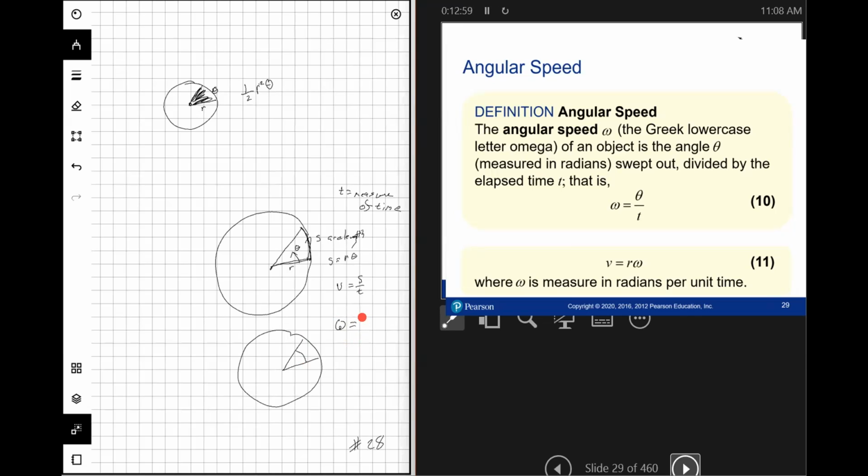And so how long does it take this angle to happen? I mean, we have this angle happening divided by the amount of time. So it swept out a 45-degree angle in 1 second. So that's pi/4 per second, pi/4 radians per second.